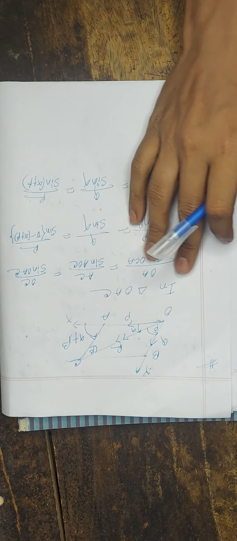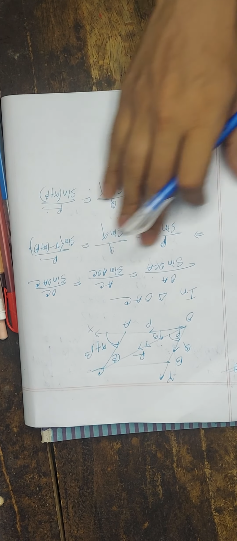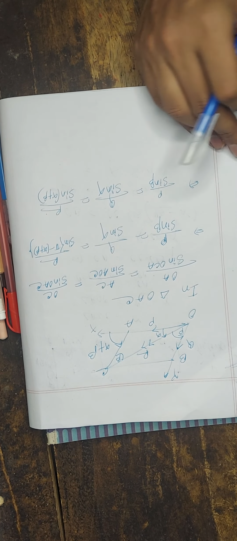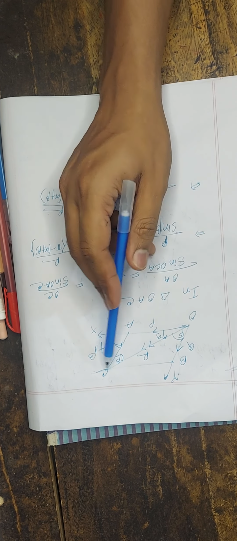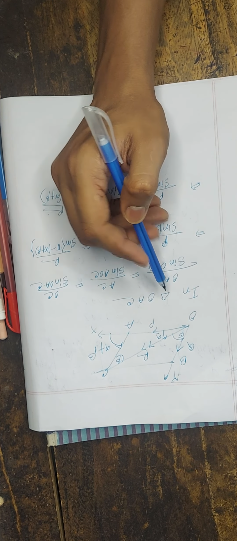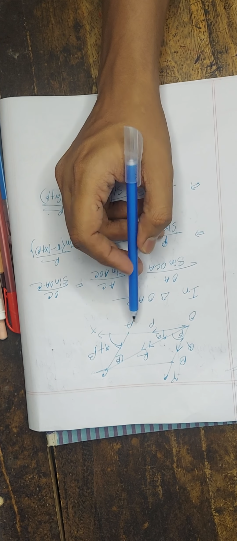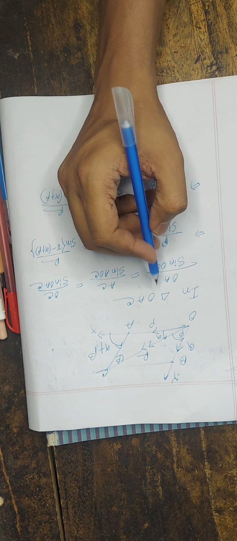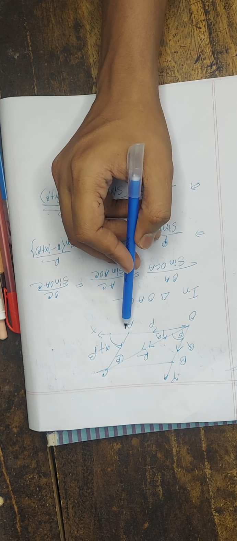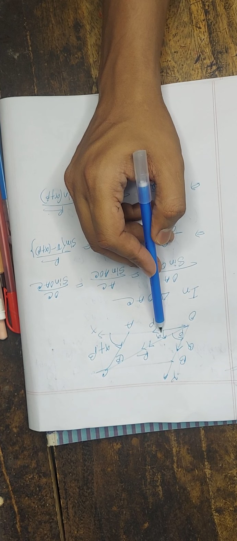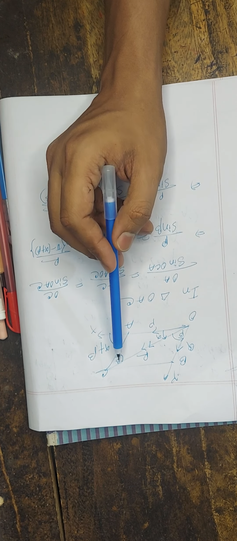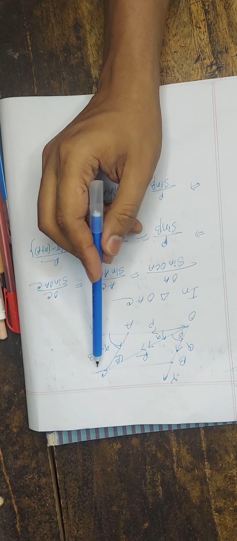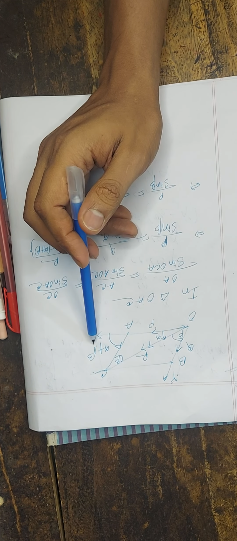Now, another formula we will need in this chapter. In the parallelogram OACB, if AOC is alpha and BOC is beta, then OCA is also beta, and the angle between the lines is alpha plus beta.